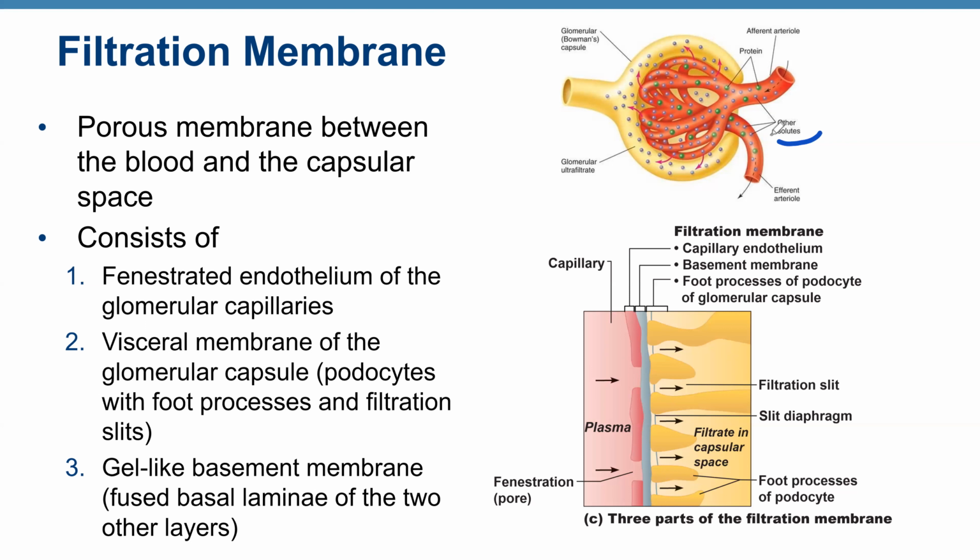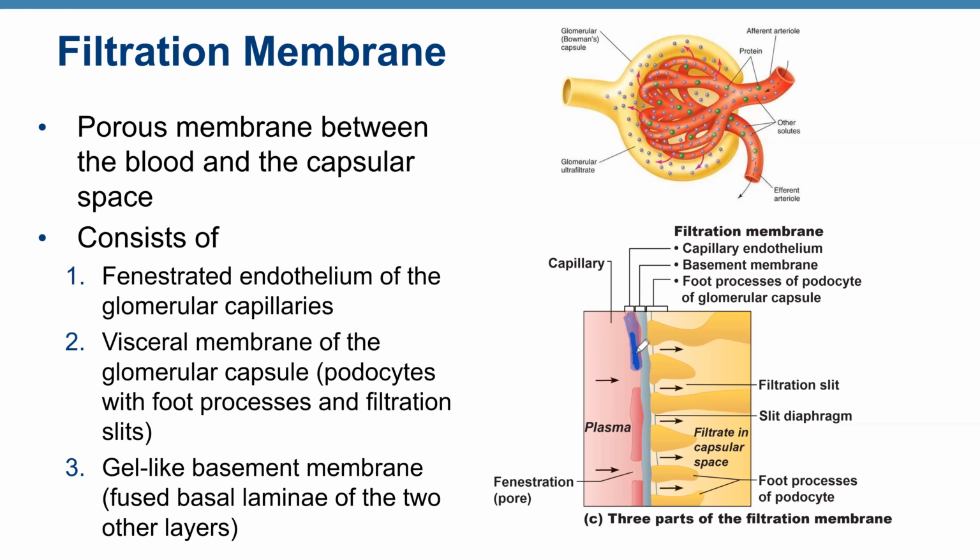The same, these solutes and water are going to pass through the filtration membrane. And the filtration membrane consists of the fenestrated endothelium of the glomerular capillary. So here's our capsule, the capsule itself. Let's start with the capillaries. So that's a glomerulus, and the glomerulus has capillary endothelium.